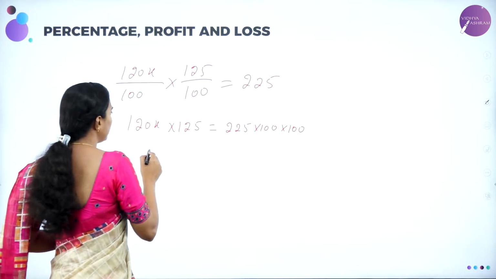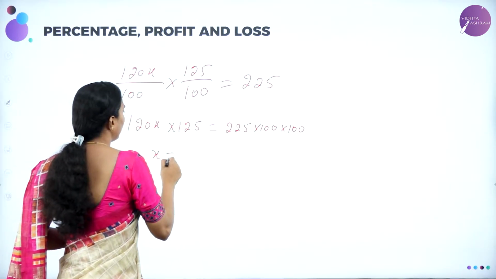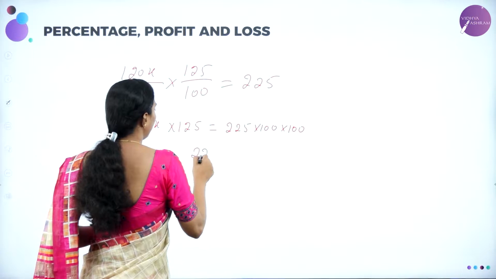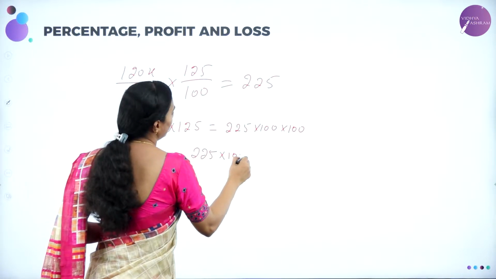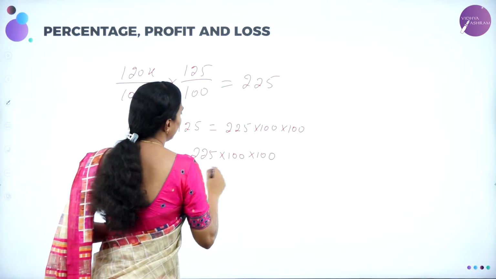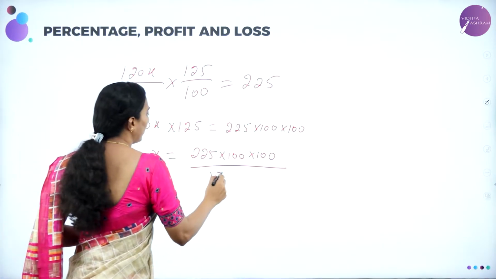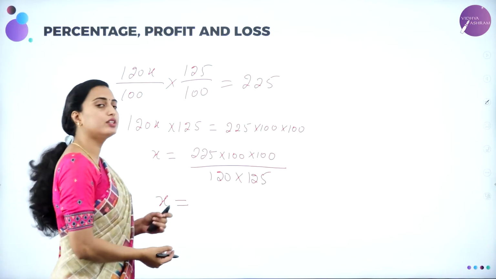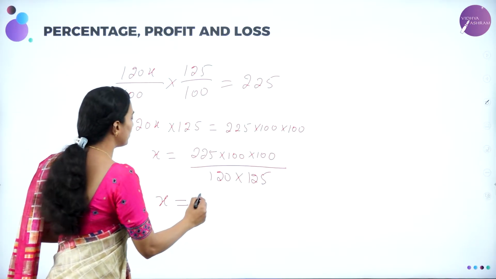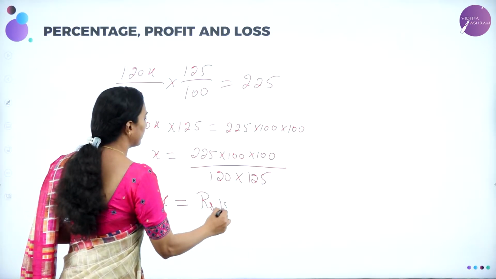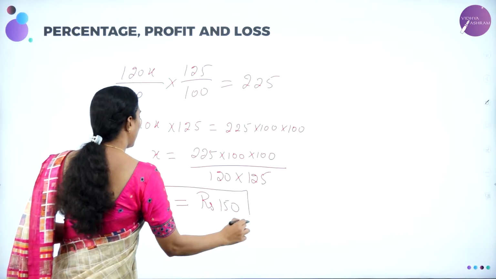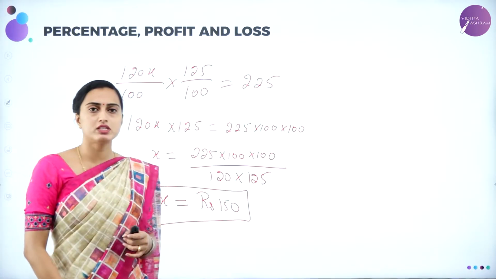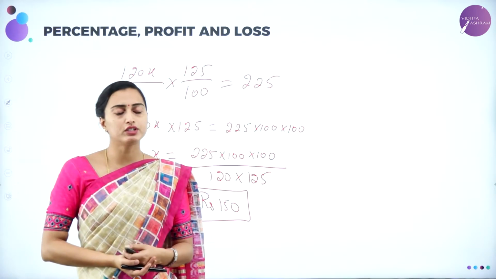Now x will be equal to 225 into 100 into 100 divided by 120 into 125. After solving this, you are going to get x equal to rupees 150. So A paid rupees 150 for the bicycle. I hope you understood this problem.